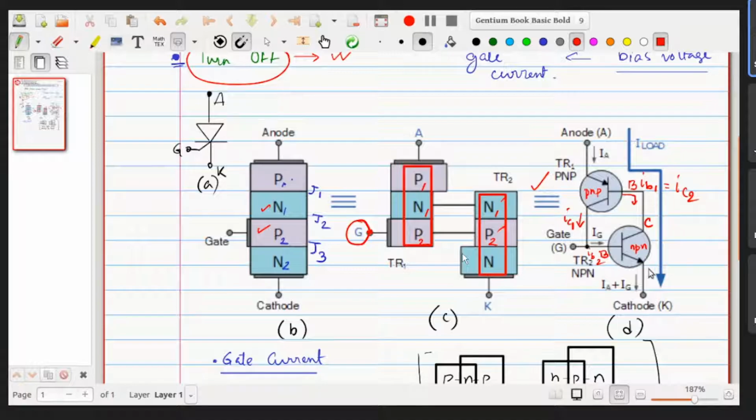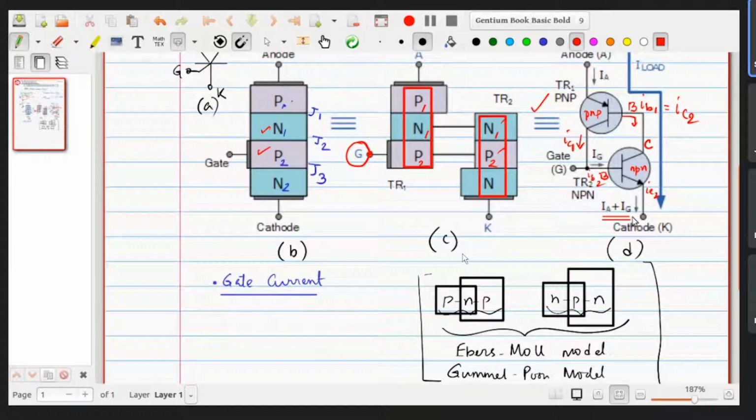And ultimately what we find is that this is the emitter current IE2, which is the total current that we can get as the summation of the anode current which was coming plus the gate current that has been generated based on the biasing voltage applied.